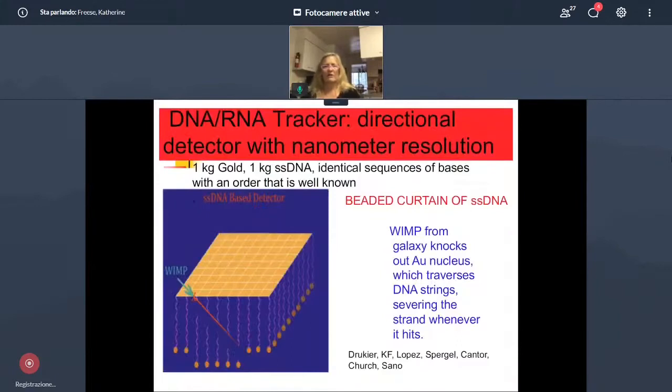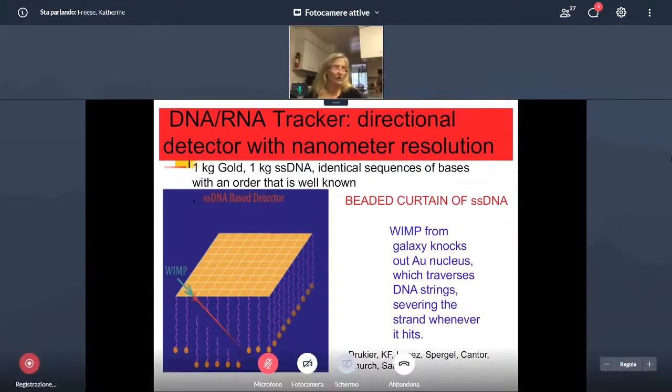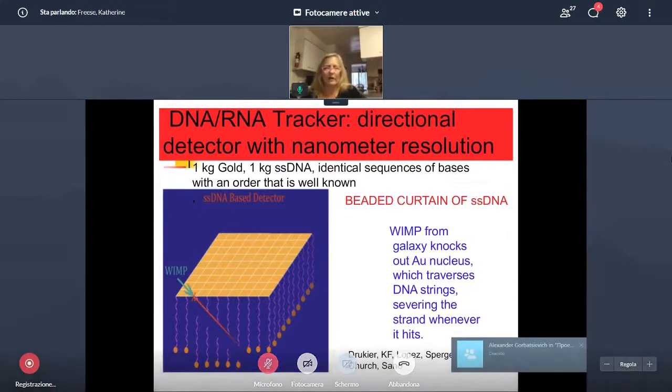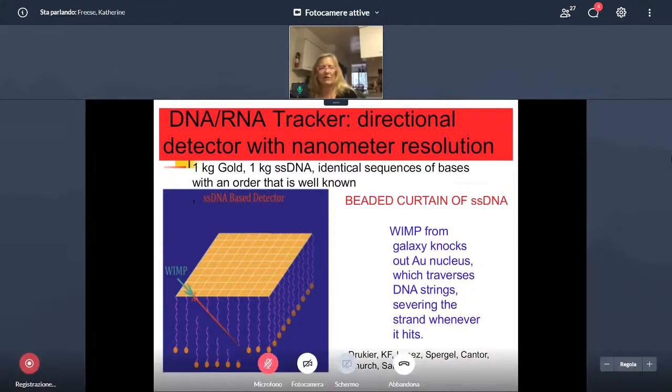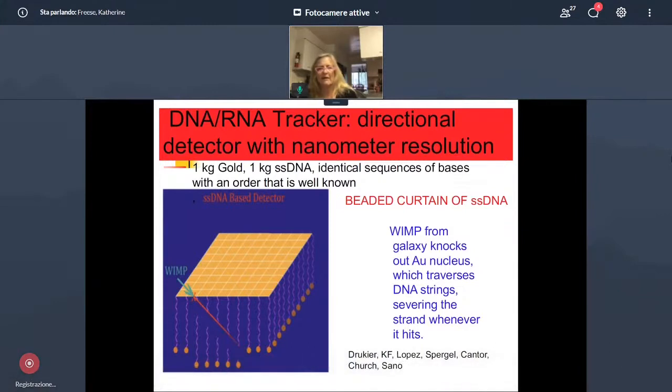So how to get directional detection? Well, we suggested this idea from André Durkier, who went into biology for 20 years, came back saying, let's use DNA. Yes, in principle, it can be done. If you have a thin plane of gold, nanometer thin, so 1 atom thin, with a bunch of DNA strands hanging down, then when the WIMP hits the gold, it knocks forward a gold nucleus into these hanging DNA, and the gold nucleus breaks the DNA.